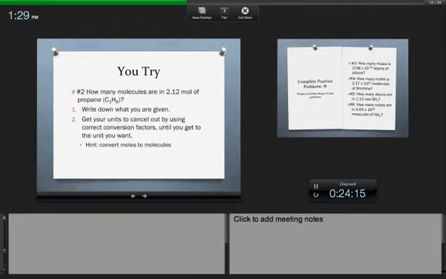And I know that's hard to read because I'm writing in blue. Okay, so my units cancel. We're left with molecules, which is what we want. So now we just have to put this in our calculator, correct? So 2.12 times 6.02. And I get an answer of 1.27 times 10 to the 25th.